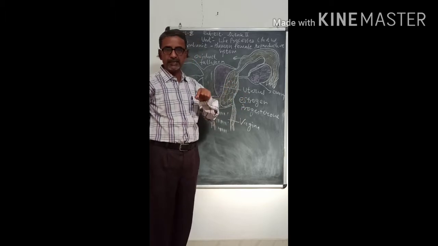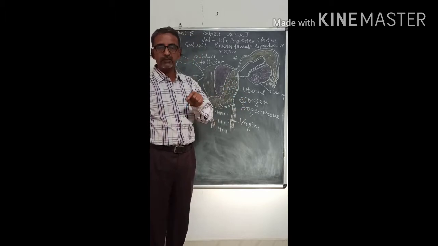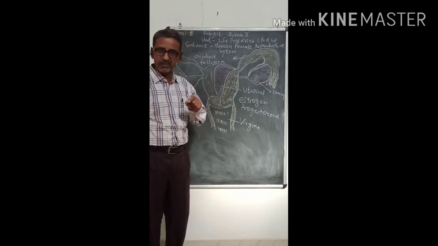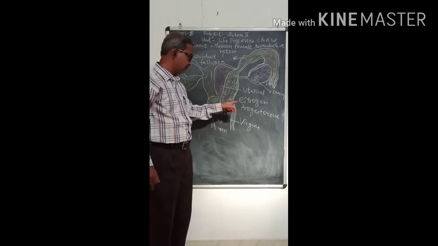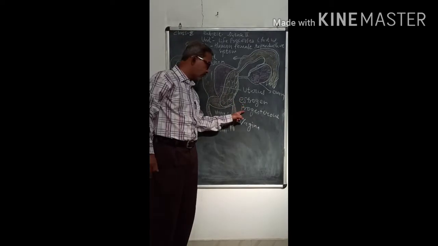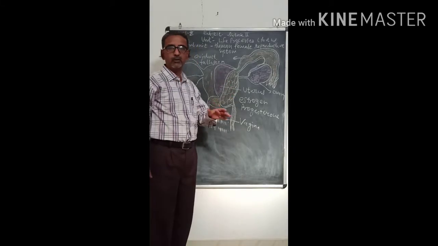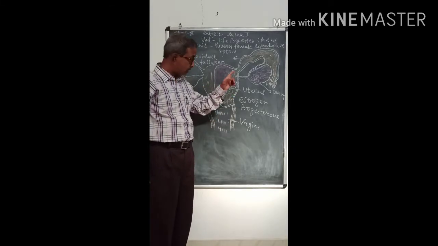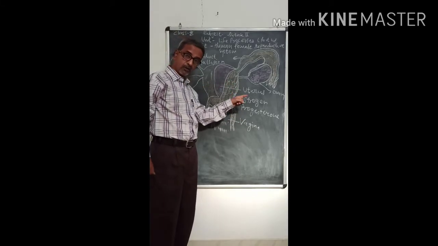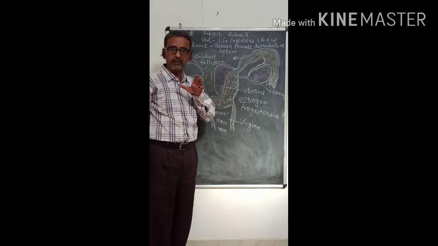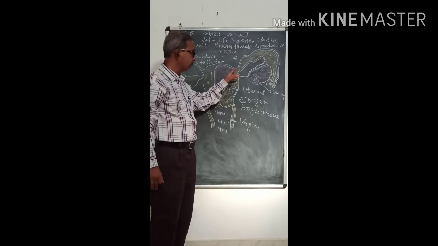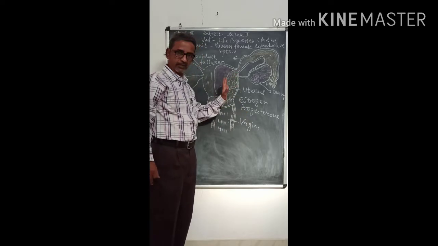We have seen yesterday in males, testosterone is the hormone secreted by the testes during maturity. Then these both hormones bring the changes in the female during puberty. So these hormones, after their formation, bring the changes in the females during puberty.